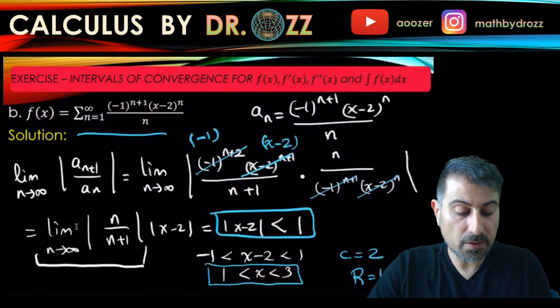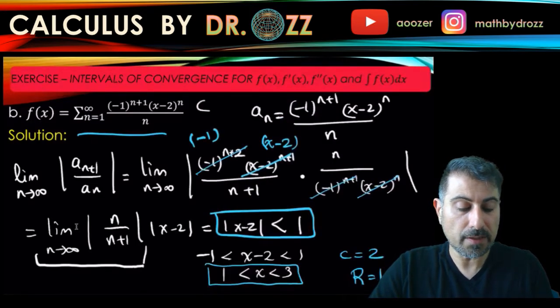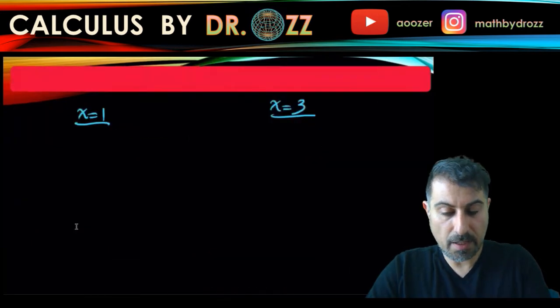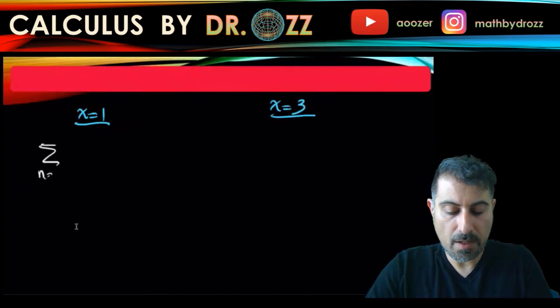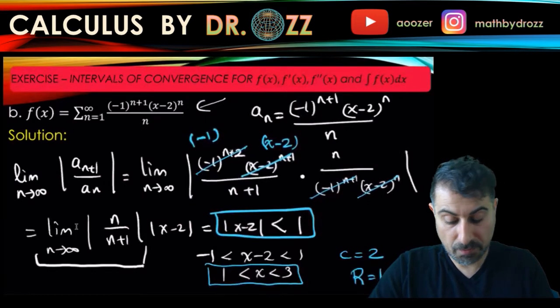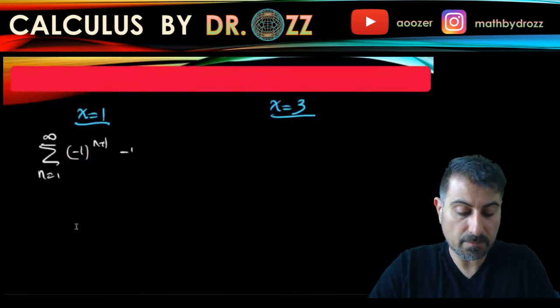For x equals 1, this is minus 1 to the power of n, right? If you look at this description here, so minus 1 to the n, so the sum, n from 1 to infinity, minus 1 to the n plus 1, and then for x equals 1, minus 1 to the n, divided by n, right?